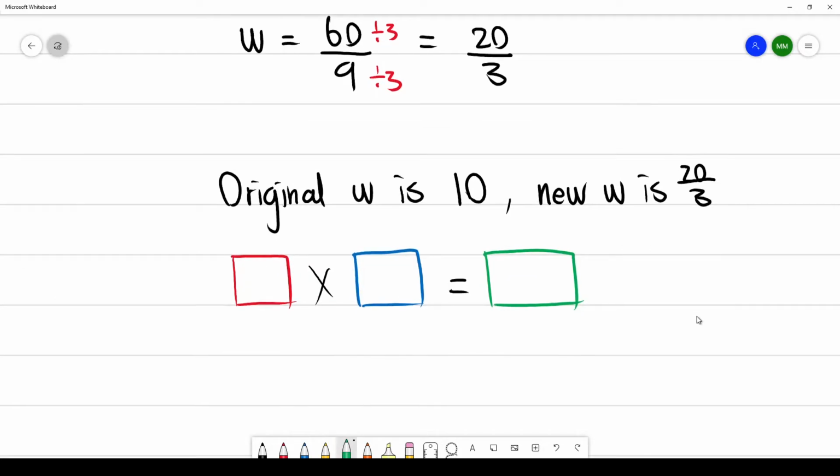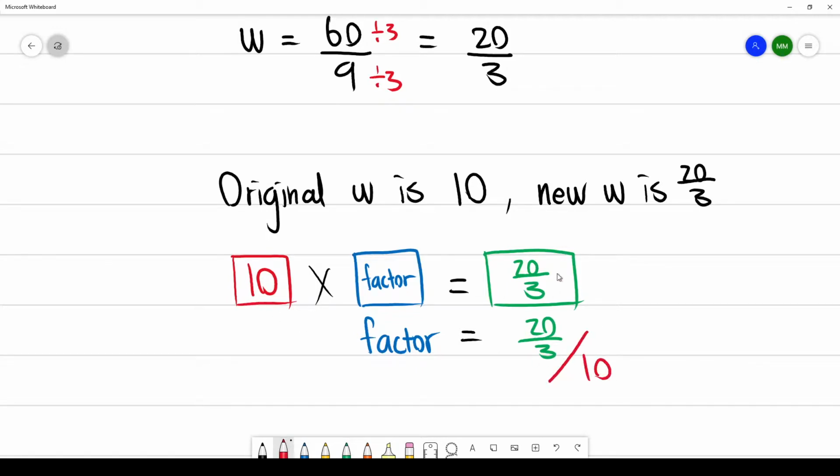If I say that the original is 10, and then multiply by a factor, because we want to find out the factor, it is equal to the new width, 20/3. So essentially we're just solving an equation. The factor is equal to 20/3 divided by 10.